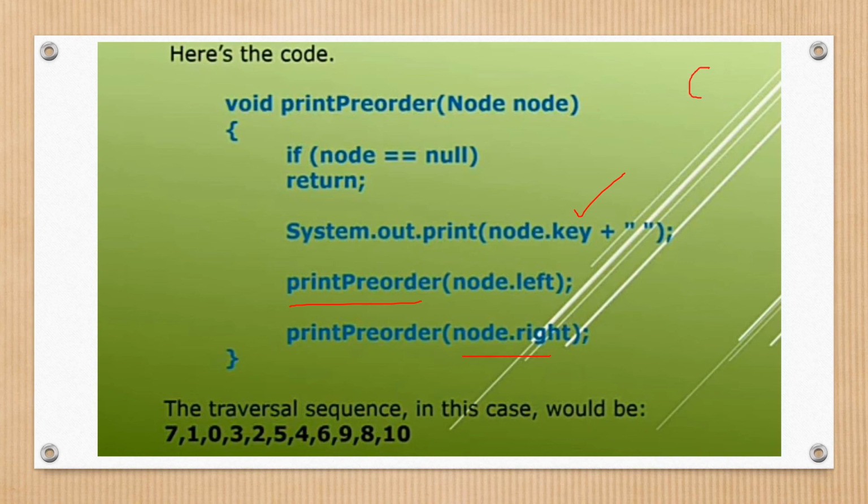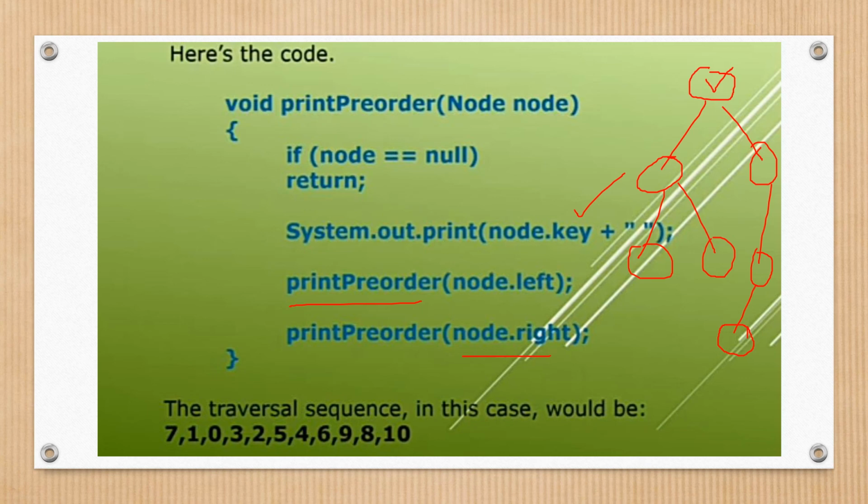Let us see. First, take one binary tree. A binary tree is a tree with at most two children; every node contains at most 2 children. Here, first this is the root node. We will print this, then go left.